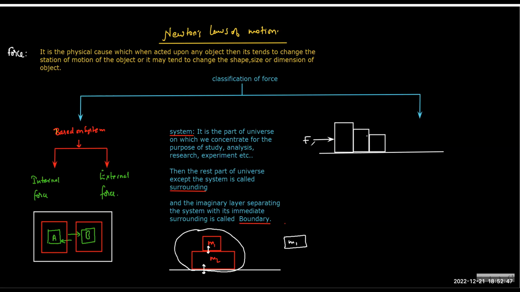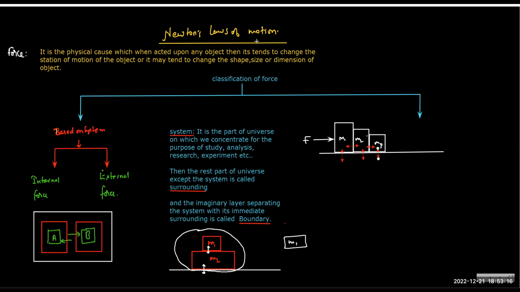Some agent is pushing the object, and the magnitude of the force being applied is F. How many interactions are possible? Interactions are possible between these two blocks, between these two, with the Earth, and of course gravity is always there.